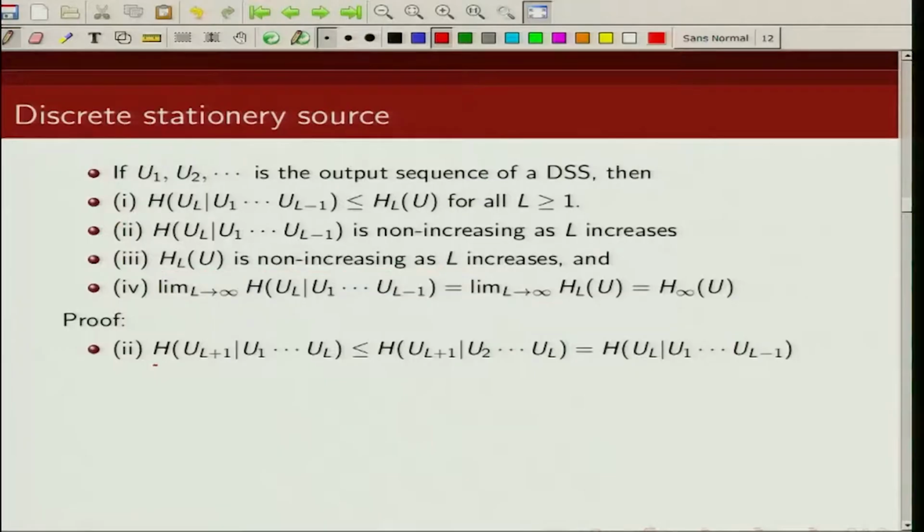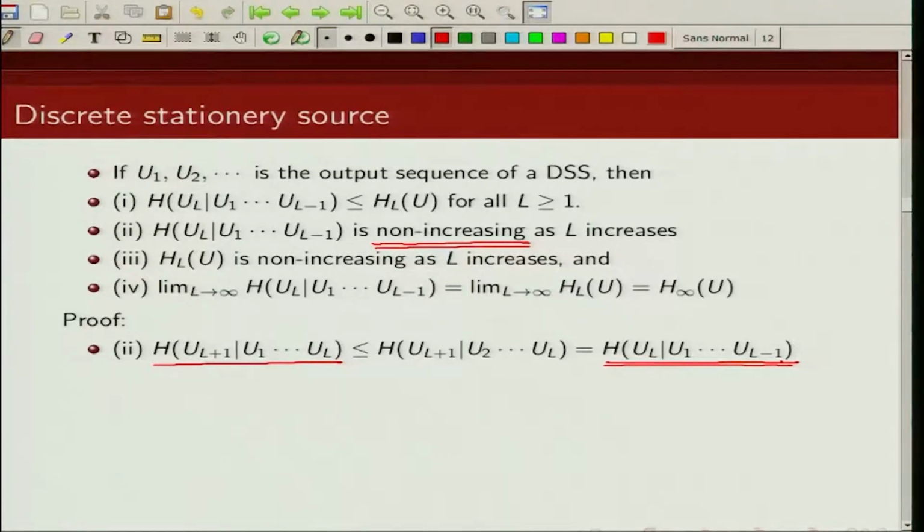So let us write this uncertainty in U_{L+1} given U_1, U_2, ..., U_L. Now to show that it's a non-increasing function of L, what we need to show is that this is less than or equal to the uncertainty in U_L given U_1, U_2, ..., U_{L-1}.